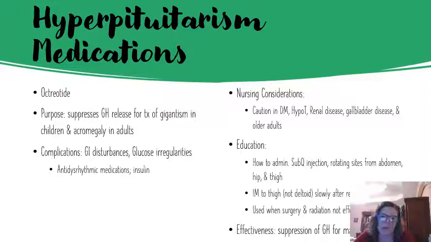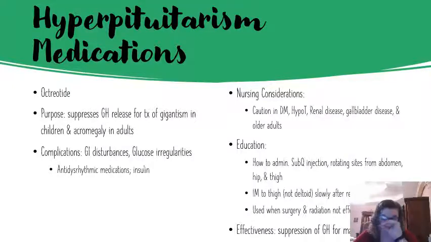It can go either way in this case, so we do need to be monitoring them very closely. So caution, like I say here, for the considerations in clients with diabetes mellitus, hypothyroidism, renal disease, gallbladder disease, and older adults.